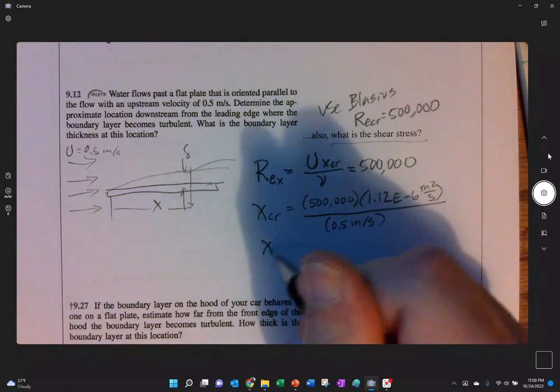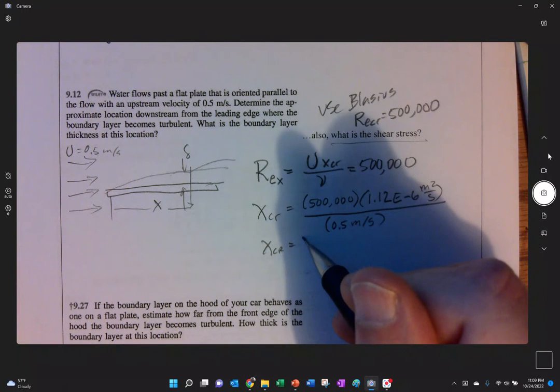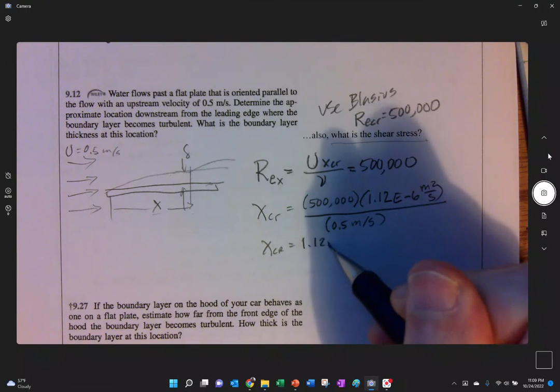We find an X critical of 1.12 meters. It's a pretty good distance.